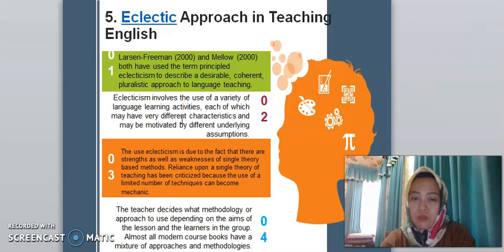Eclecticism involves the use of a variety of language learning activities, which have many different characteristics and may be motivated by different underlying assumptions.